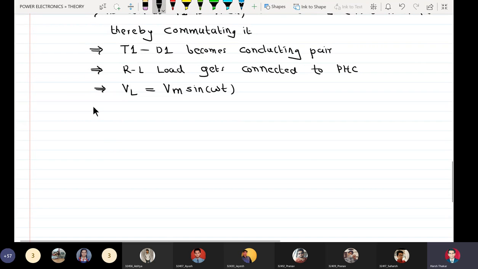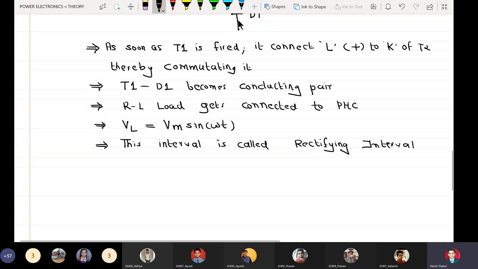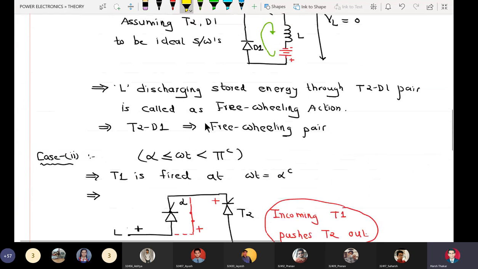Okay, that is why we say that this interval is called as a rectifying interval. Why rectifying interval? Because output is equal to Vm sin omega t. This is called as rectifying interval, and here it is called as freewheeling action.